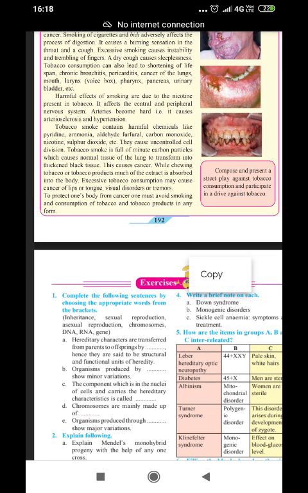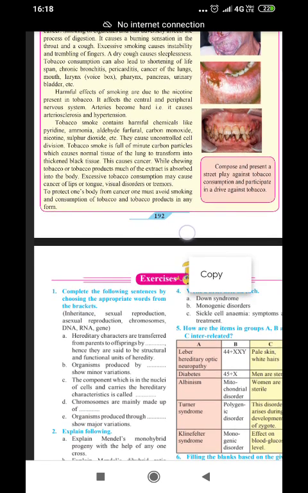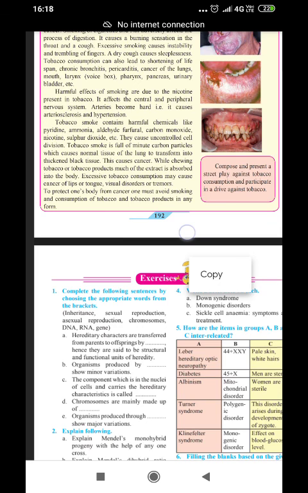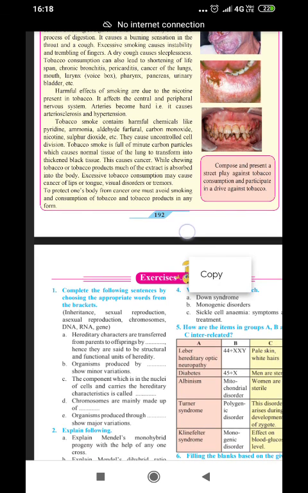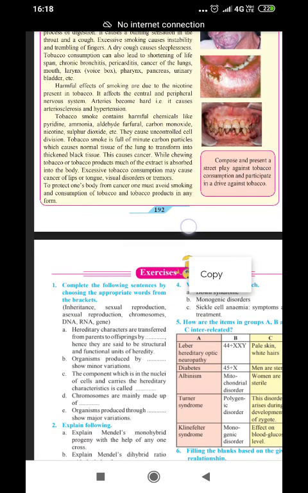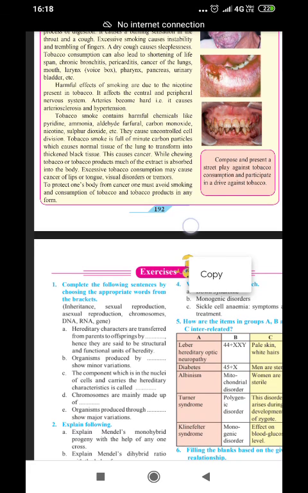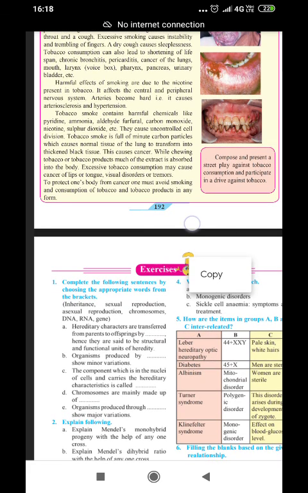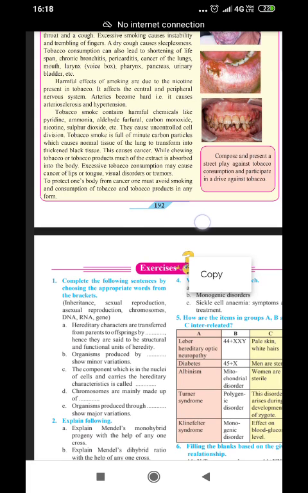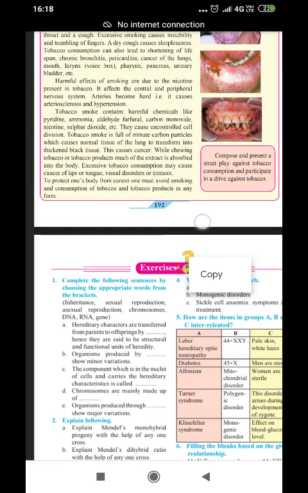Tobacco smoke contains harmful chemicals like pyridine, ammonia, aldehyde, furfural, carbon monoxide, nicotine, sulfur dioxide, etc. They cause uncontrolled cell division. Tobacco smoke is full of minute carbon particles which cause normal tissue of the lung to transform into thickened black tissue. This causes cancer.